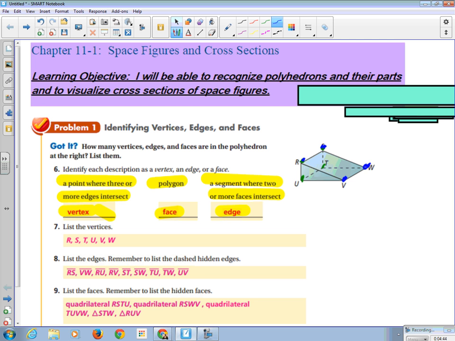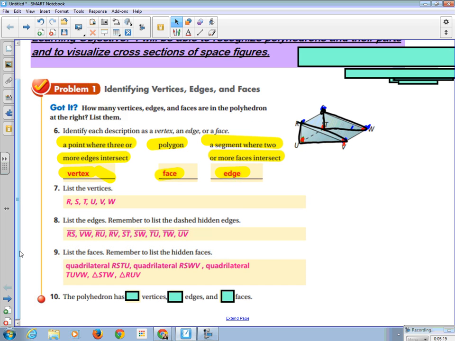That's this top part. Quadrilateral TUVW, that's that bottom face. Triangle STW, that one here. And then our other triangle, RUV. Make sure you're listing things correctly because you'll be marked for that.